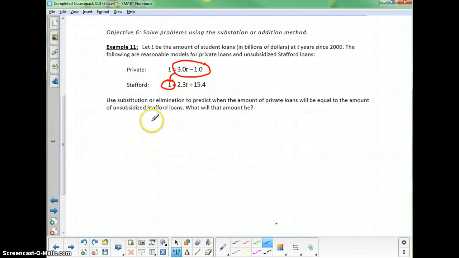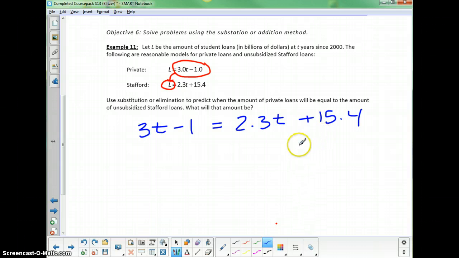So my substitution step is going to leave me with 3t minus 1 equals 2.3t plus 15.4. This is actually set up very well for the substitution method. I know what L is equal to in both of them, so I'm going to just plug it in and solve.